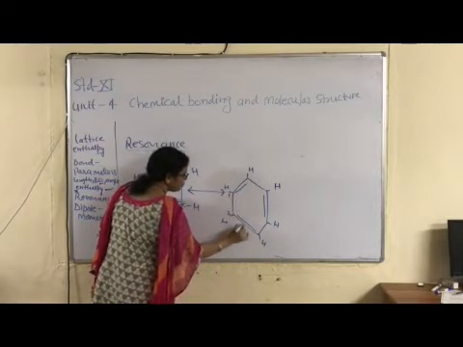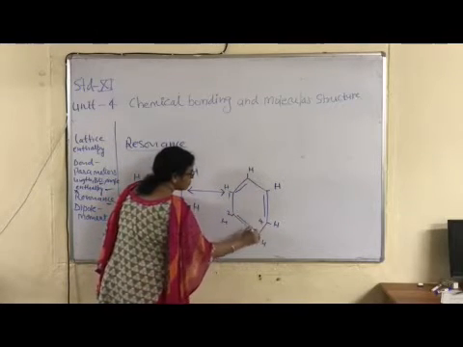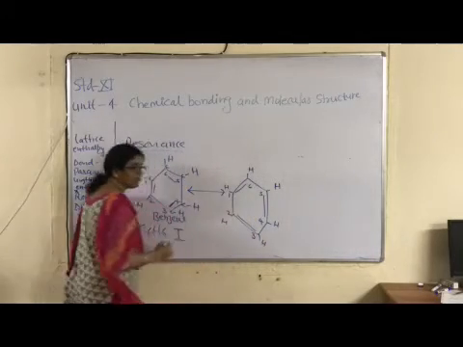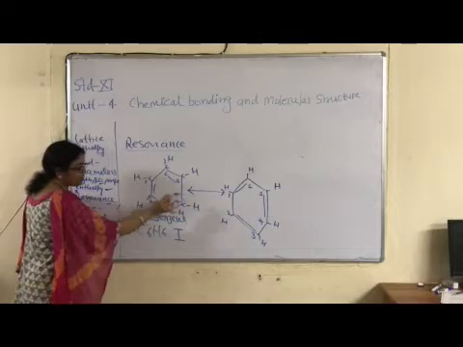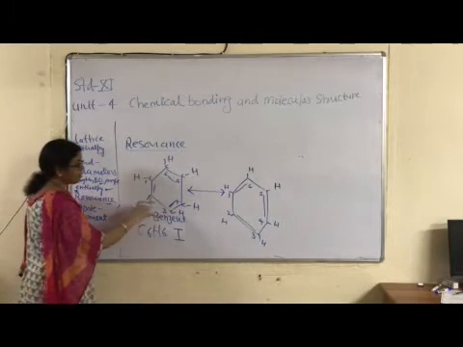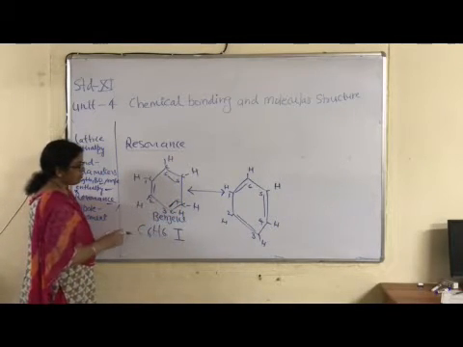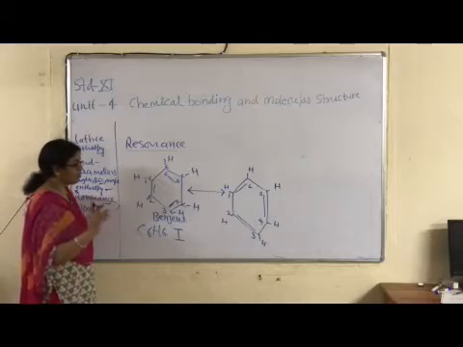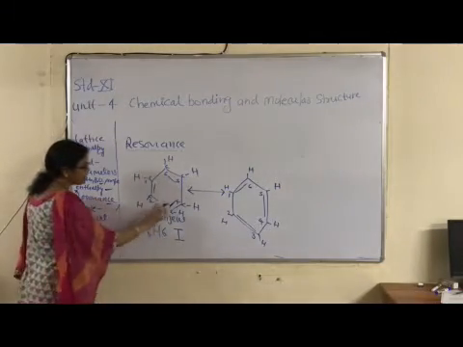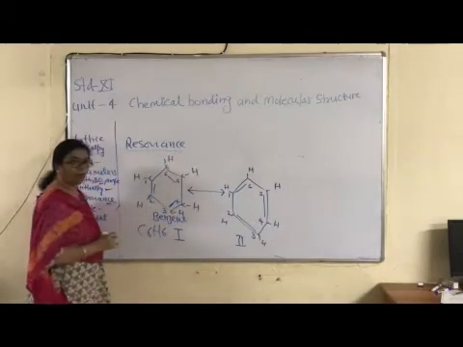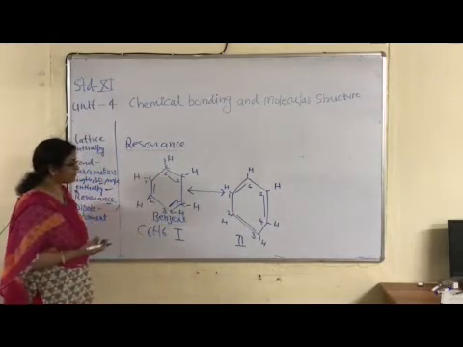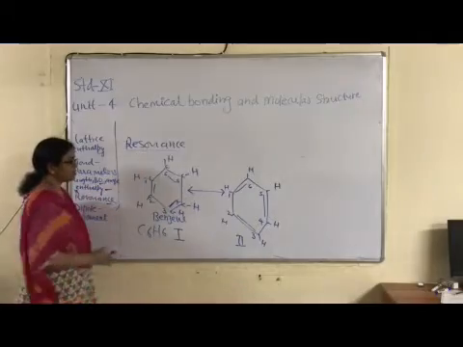Right? 1, 2, like this. 1, 2, 3, 4, 5, 6. Same number of carbon atoms, but the position is different. Right? This is the interconversion of two structures. Inter means between. Interconversion of structures due to the presence of double bonds is known as resonance.